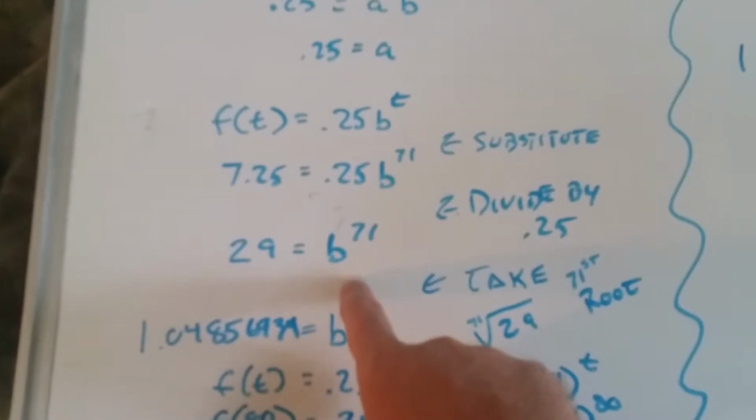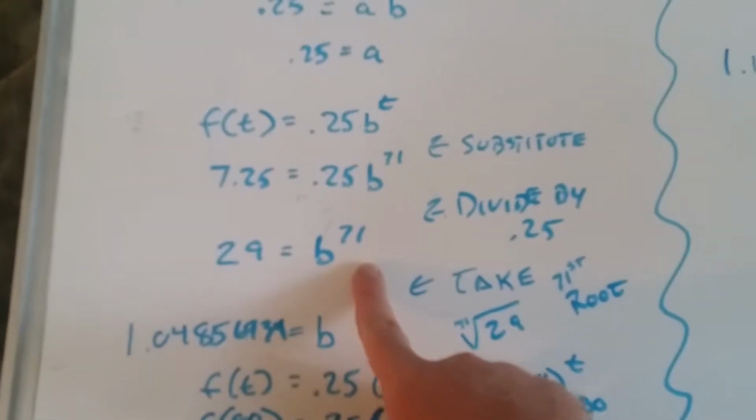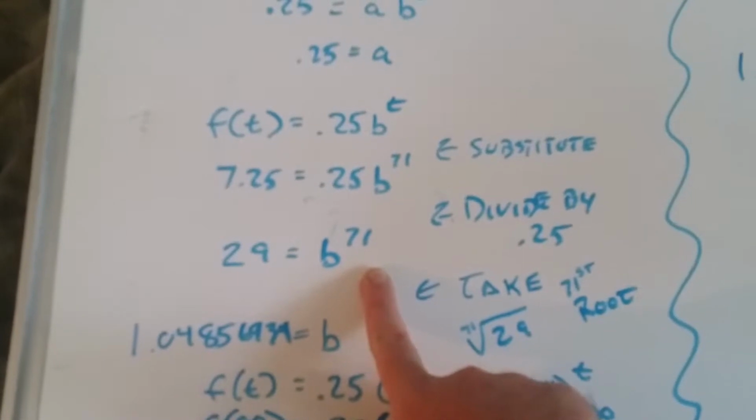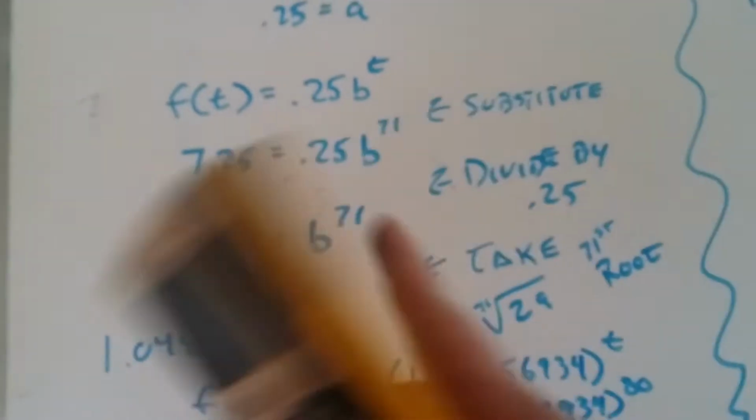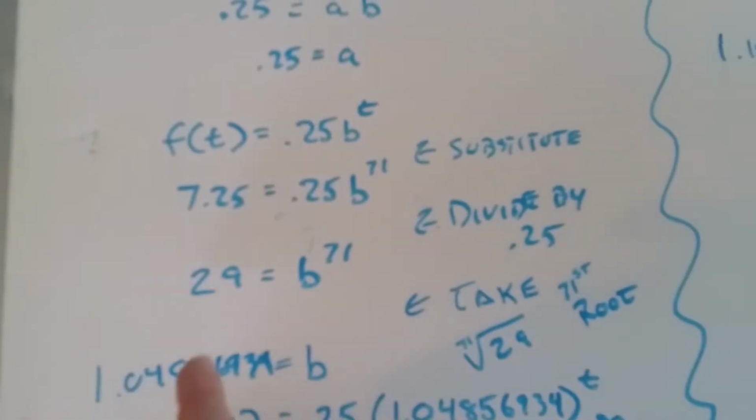Then you need to find the 71st root of both sides, which you're not calculating inside your head. The 71st root of b is just b, and then the 71st root of 29.